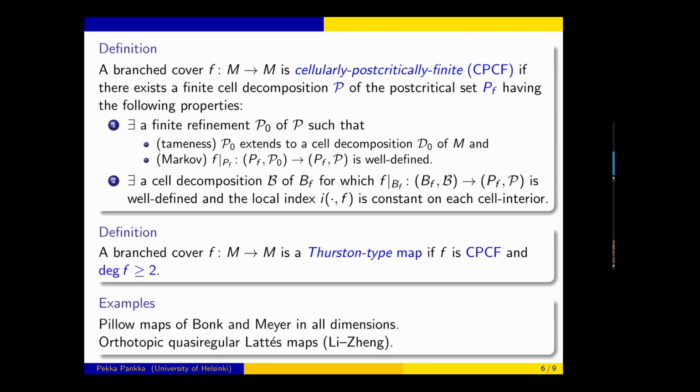For our project, there's an interesting related paper by Zhiqiang and Hanyun, where they show that these so-called orthotopic quasi-regular lattice maps are Thurston-type maps. When you go to the definition of quasi-regular lattice maps, there is a group and there's the linear map.